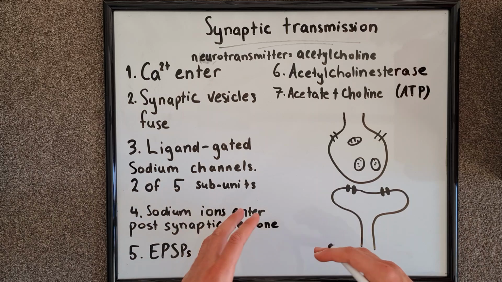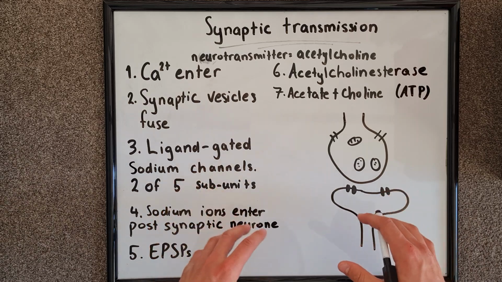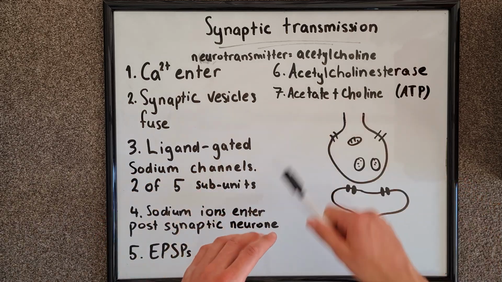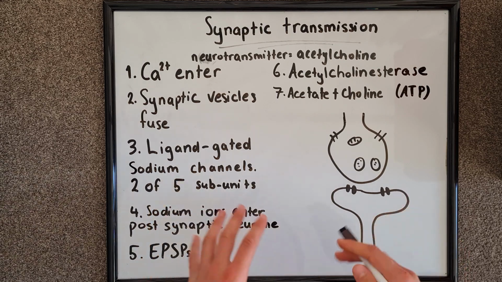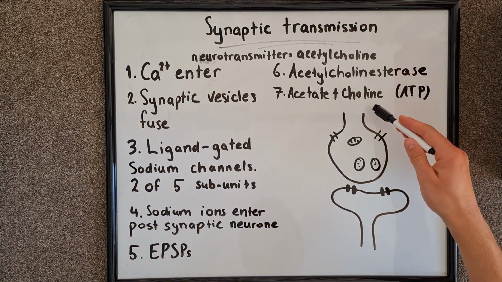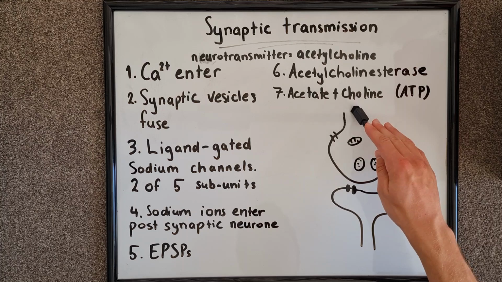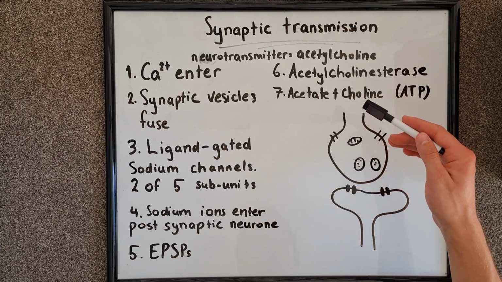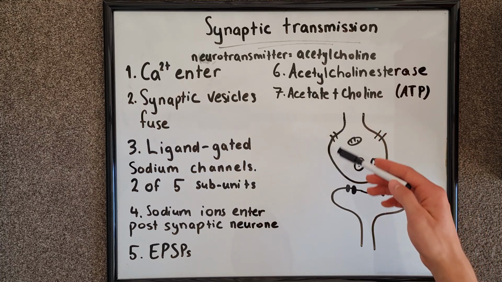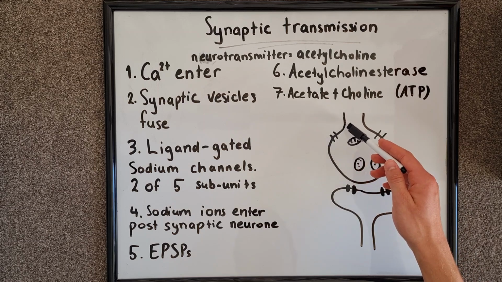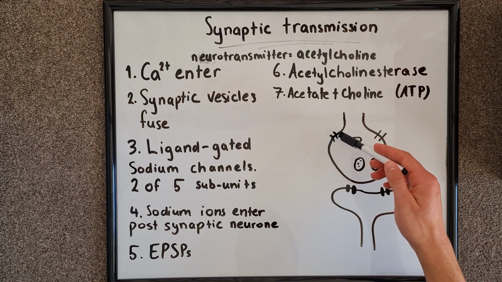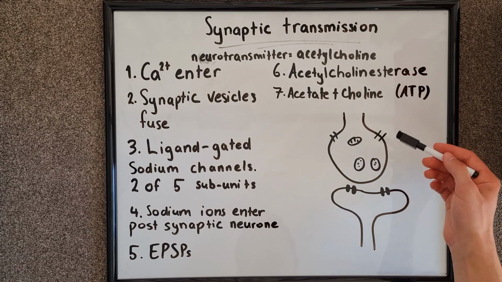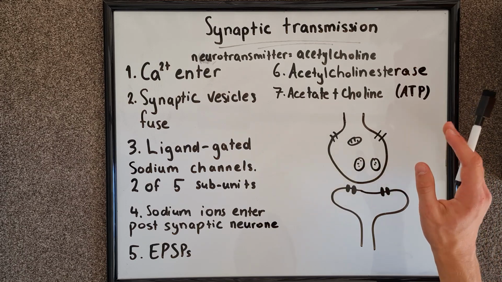Now let's take a look at how the synaptic transmission would actually work using acetylcholine as an example. We're going to have an action potential that is coming along the axon of the presynaptic neuron. That's going to depolarize the presynaptic membrane, causing voltage-gated calcium channels to open.